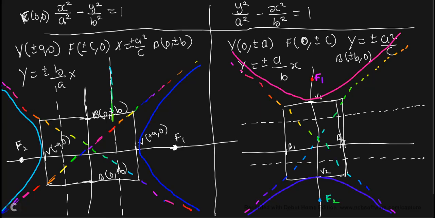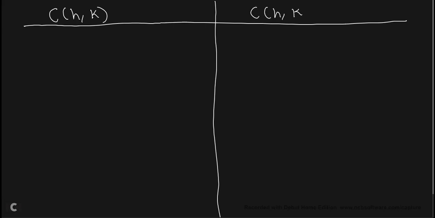Now let's go to the same thing, but here we'll go into a bit more detail because our center won't be 0, 0. Now let's do something having a center which is not 0, 0, but our center is H, K. Now let's come up with all the formulas, right?